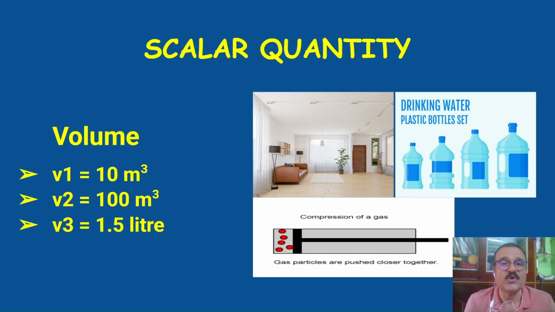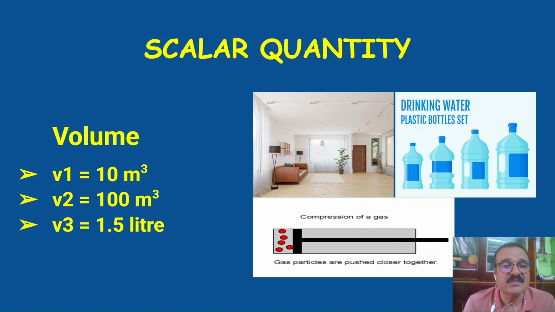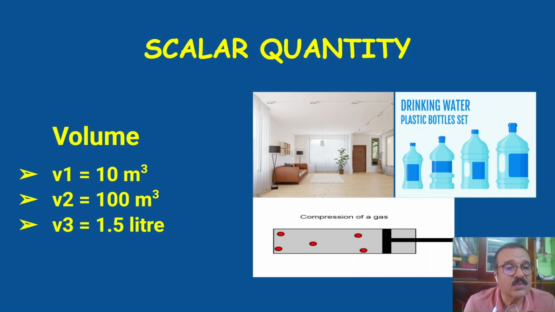Then volume as a scalar quantity. V1 is equal to 10 meter cube. That can be a volume of a room where 10 is the magnitude and meter cube is the unit. V2 as equal to 100 meter cube and V3 equal to 1.5 liter.